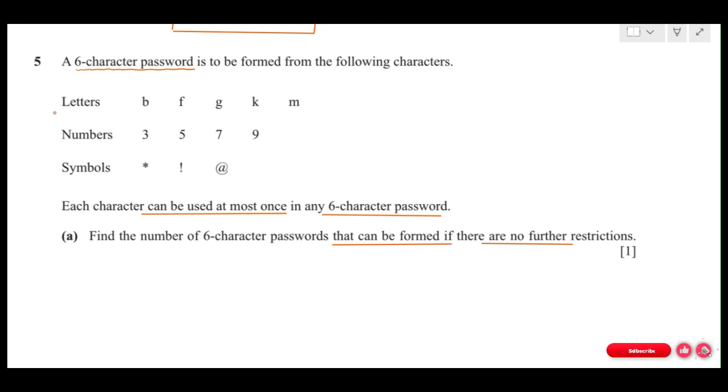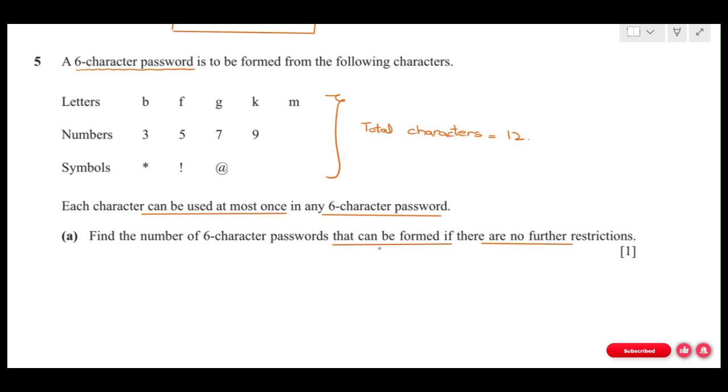Okay. So how many letters? 1, 2, 3, 4, 5. Numbers 1, 2, 3, 4, and symbols 1, 2, 3. So the total is 1, 2, 3, 4, 5, 6, 7, 8, 9, 10, 11, 12. So the total characters are 12.